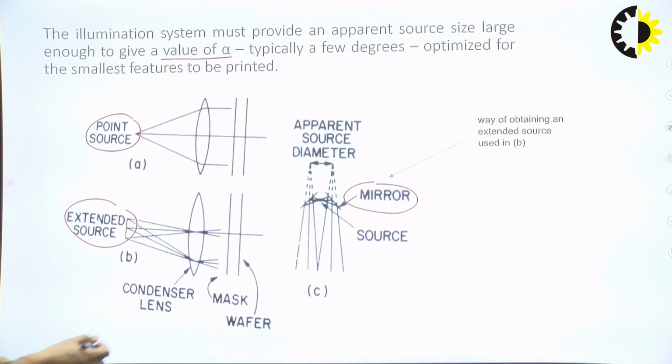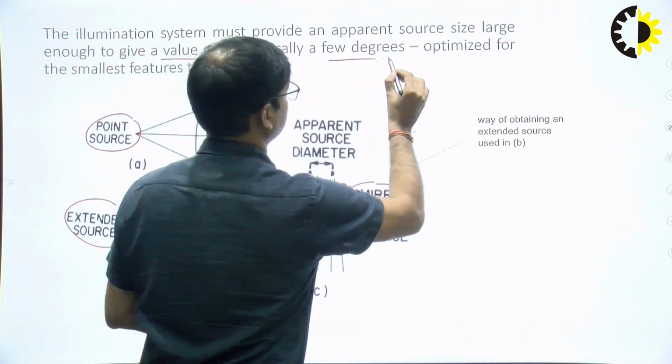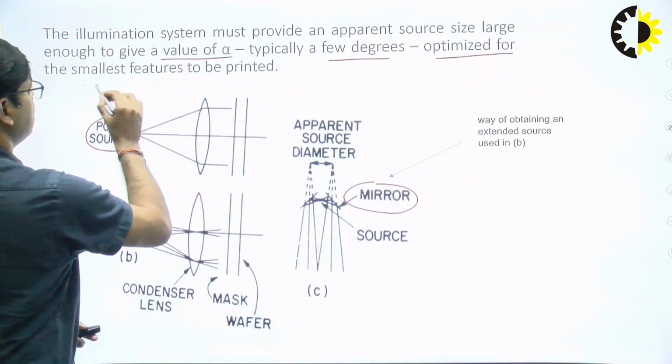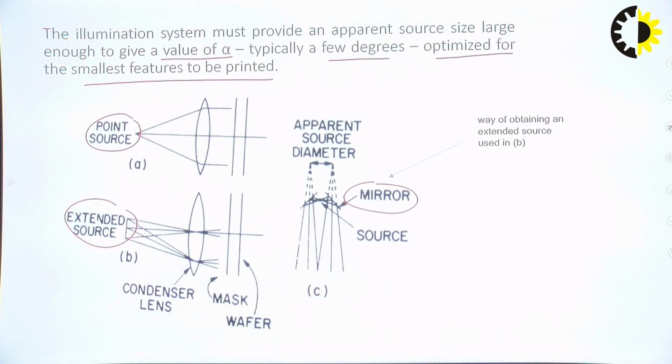Typically it is a few degrees only and is optimized for the smallest feature to be obtained. So with an extended source, the diffraction half angle will be less, and that is beneficial to obtain the smallest features on the wafer.